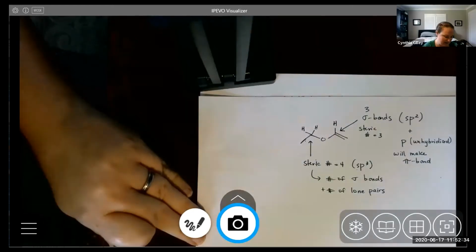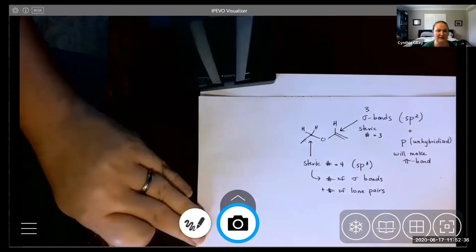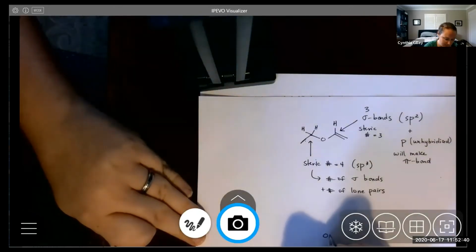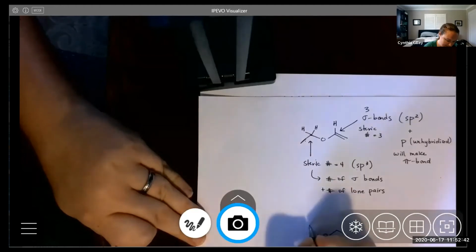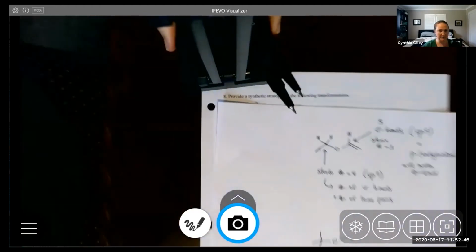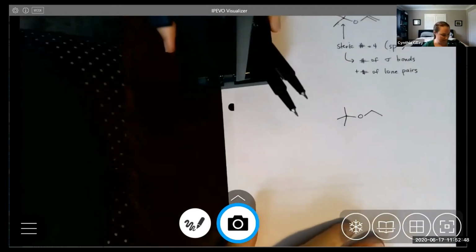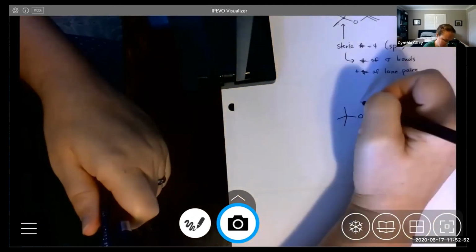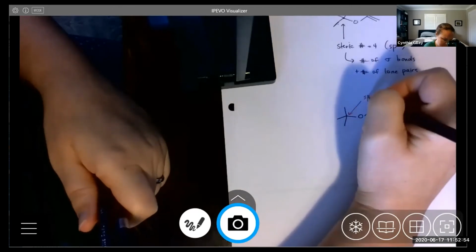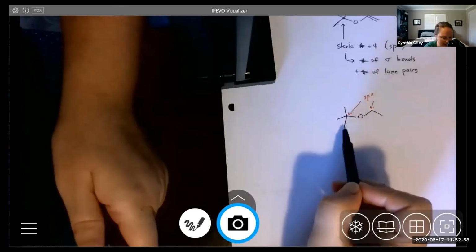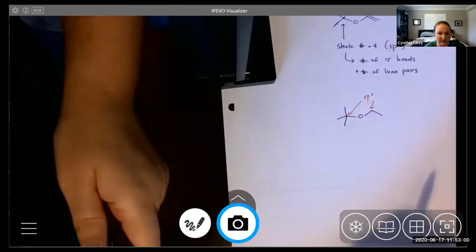So it has to be sp3, but it doesn't have to be primary. So for example, both of the carbons on this side, both of these are sp3, because this one is making 3 sigma bonds and a 4th sigma bond here.